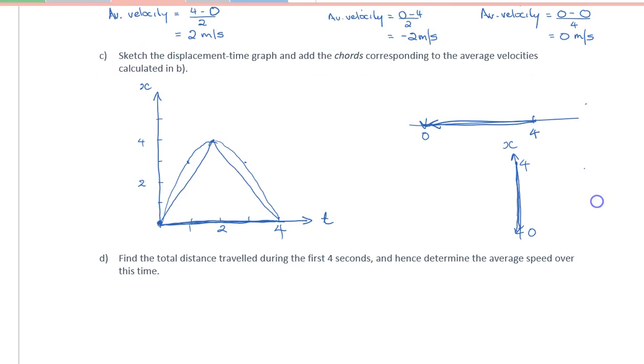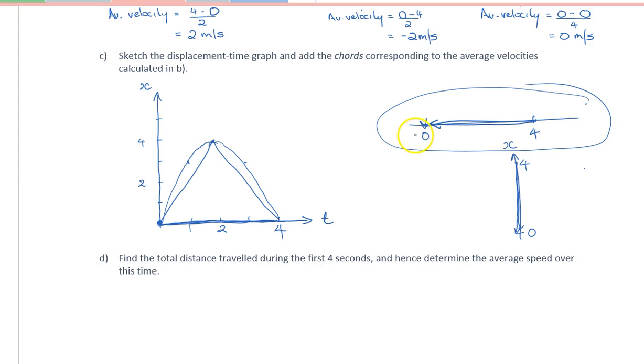D says find the total distance travelled during the first 4 seconds and hence determine the average speed over this time. So the distance travelled, I would go back to this idea. If it was displaced 4 units and it came back 4 units, think about the speedo.